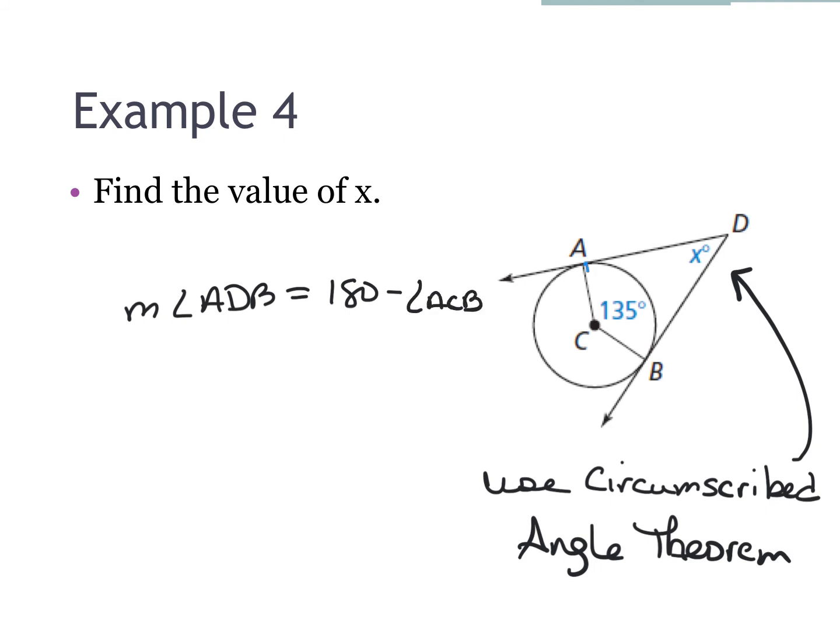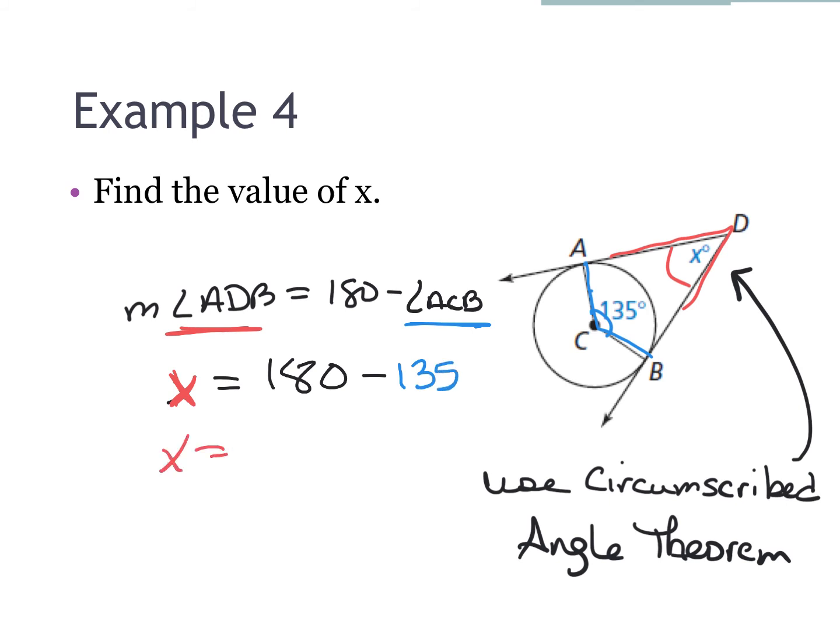So that will be this one. And then the ADB is this x. So we're going to do x is equal to 180 minus the measure of that central angle that has the same arc, and then 180 minus 35 gives me 45 degrees. And that's the value of x.